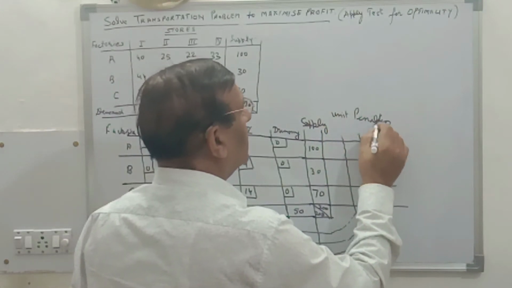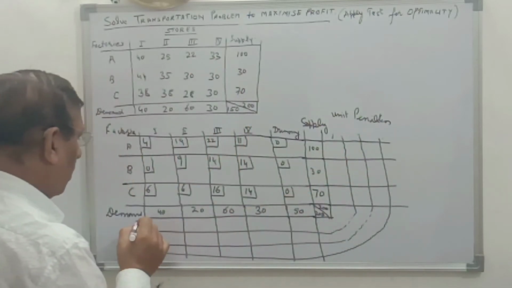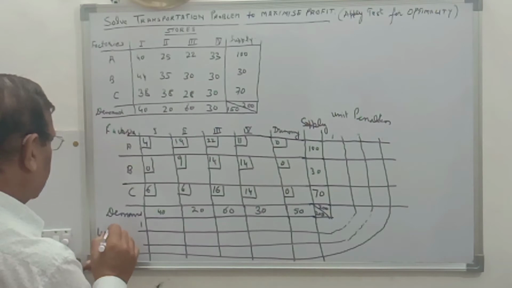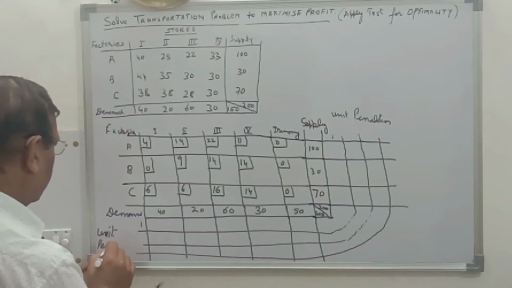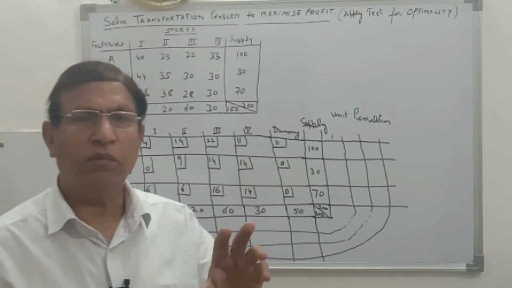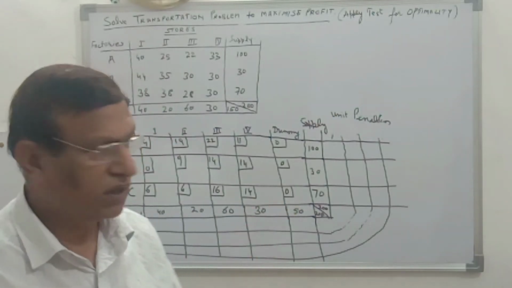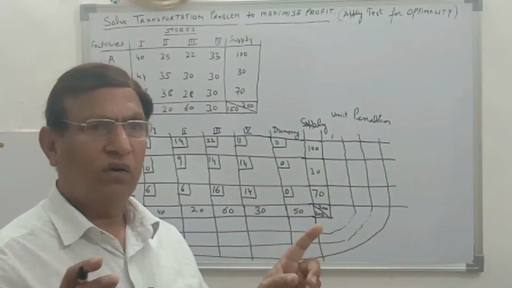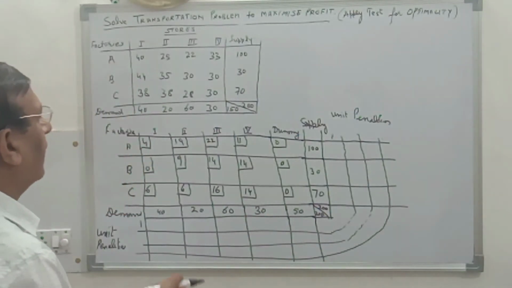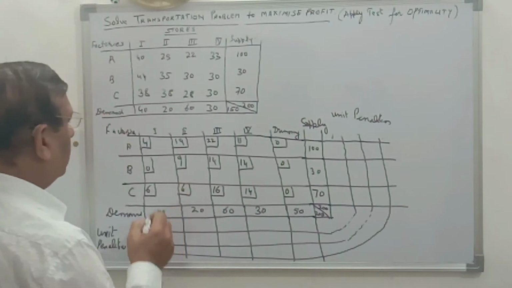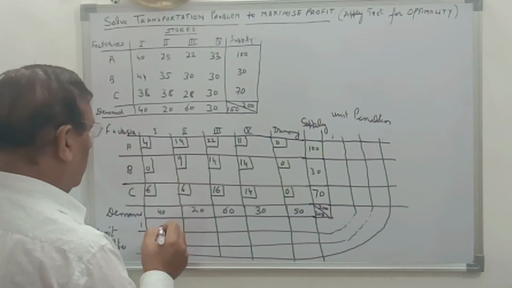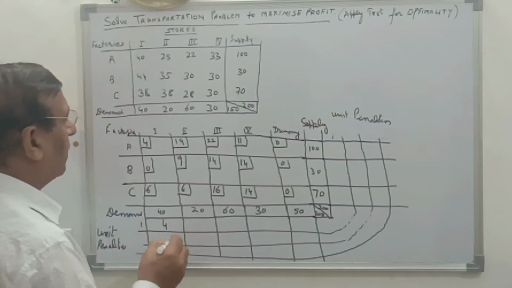For calculating unit penalties, we require a minimum of 2 rows or 2 columns. If there is 1 row or 1 column, then we cannot calculate a unit penalty. So the difference between minimum 0 and next minimum 4, the unit penalty is 4.